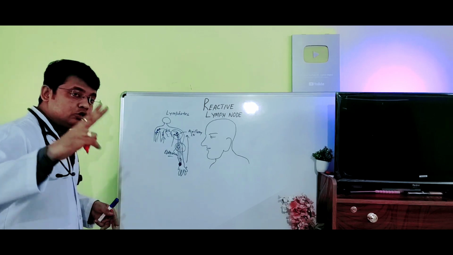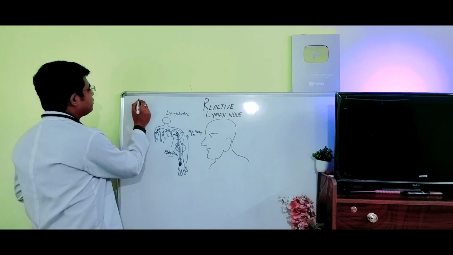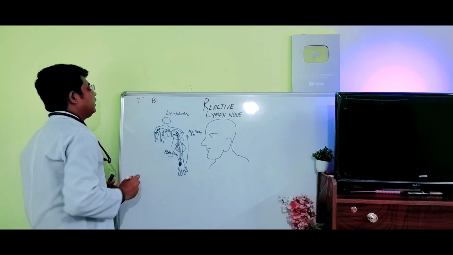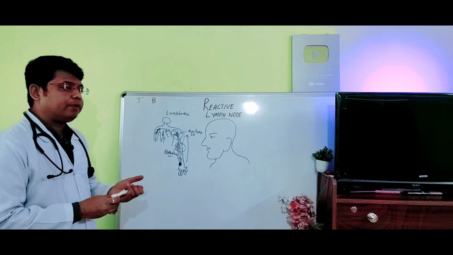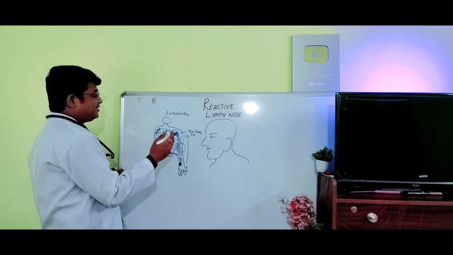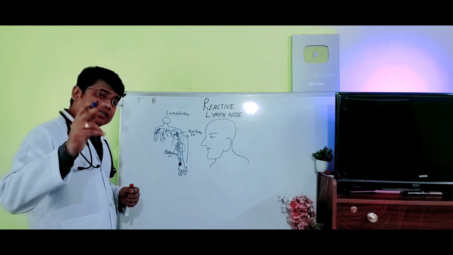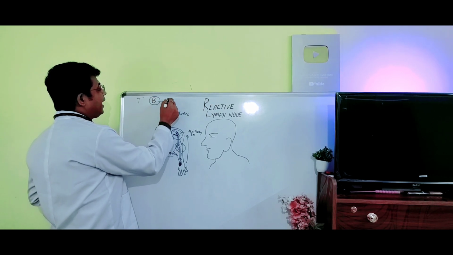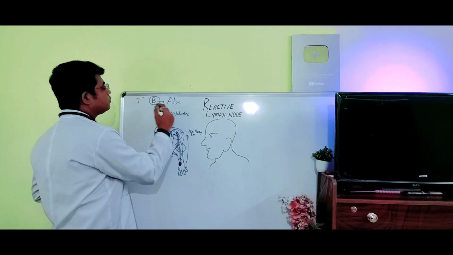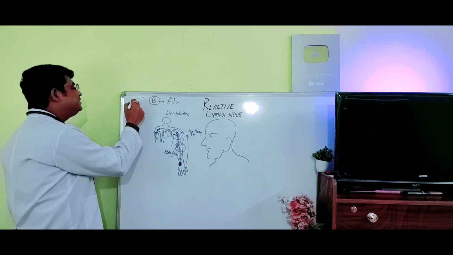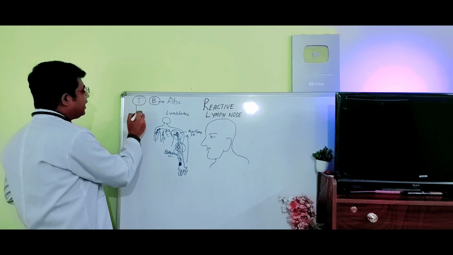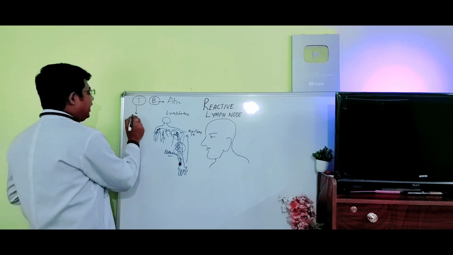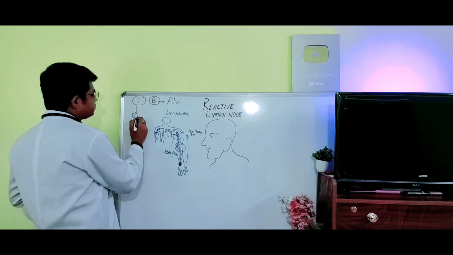And there are two types of lymphocyte. One is T lymphocyte, another is B lymphocyte. Now what happens after exposure to that bacteria? The B lymphocytes usually make antibodies, and the T lymphocytes are activated to form active T lymphocytes.